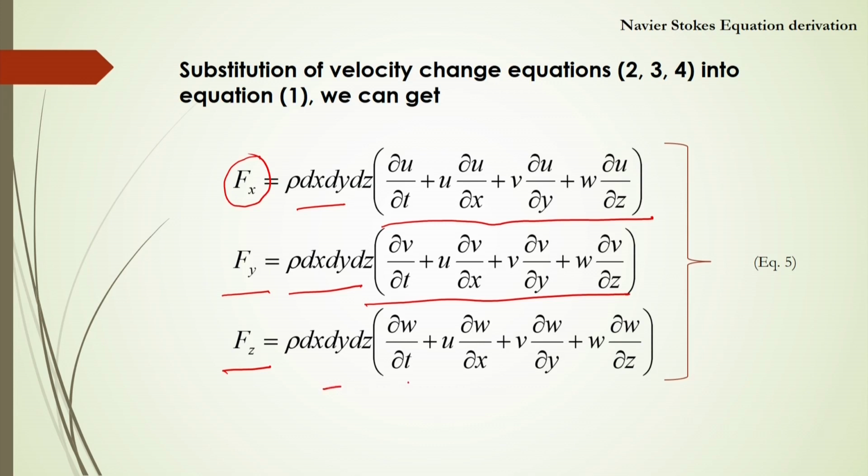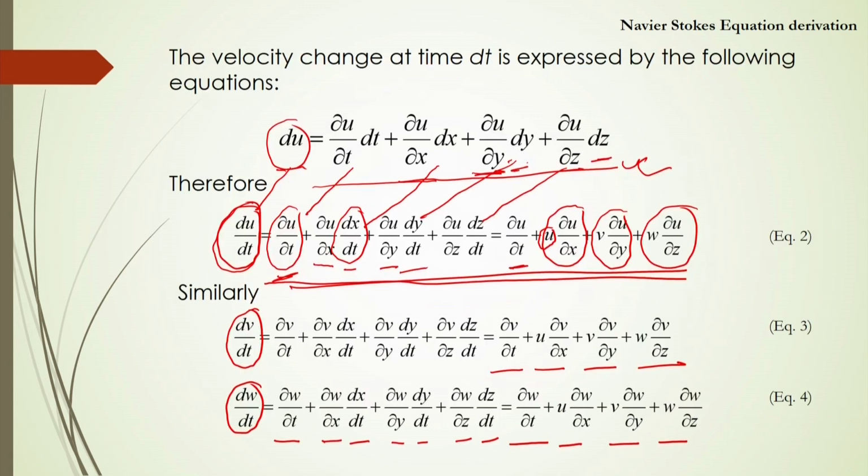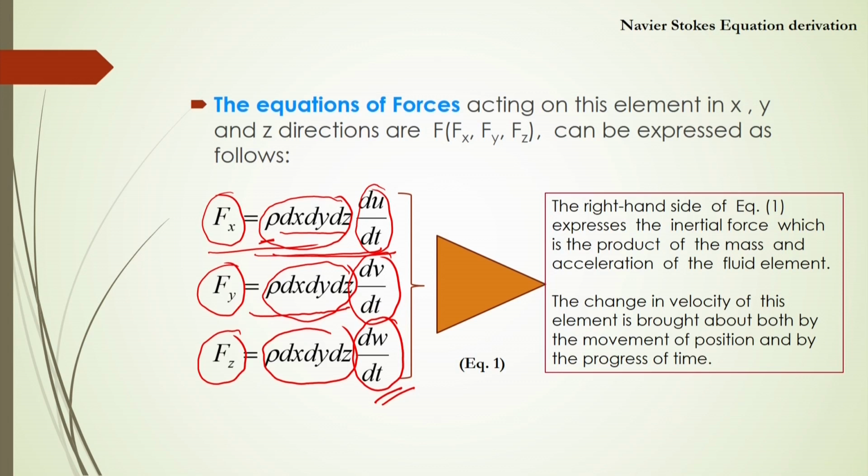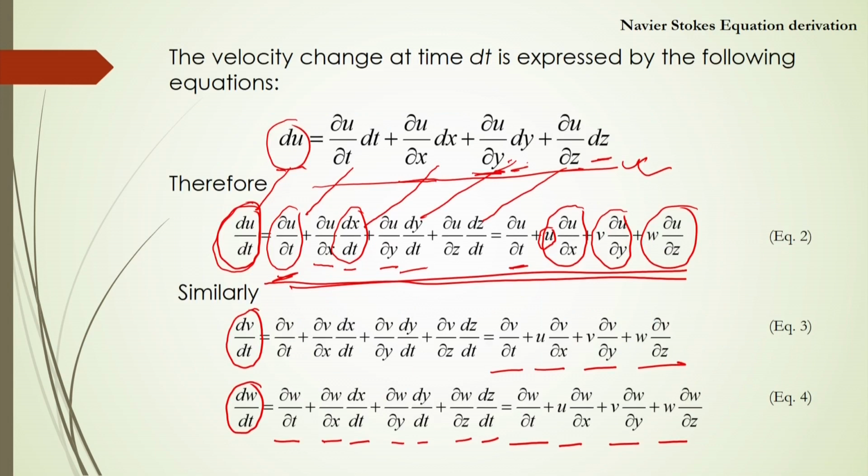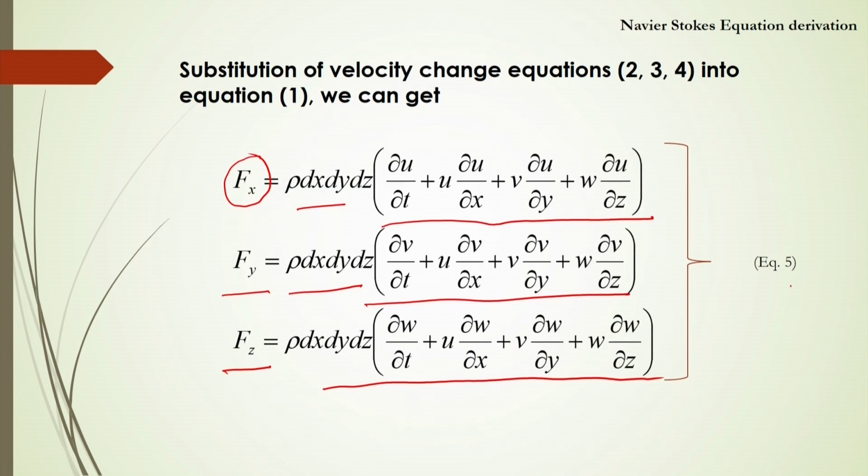Here Fz also, these are the equations for the force balance. If we represent Fx, Fy and Fz by substituting the acceleration terms, we get equation number 5 to express the force in the x, y and z directions respectively.